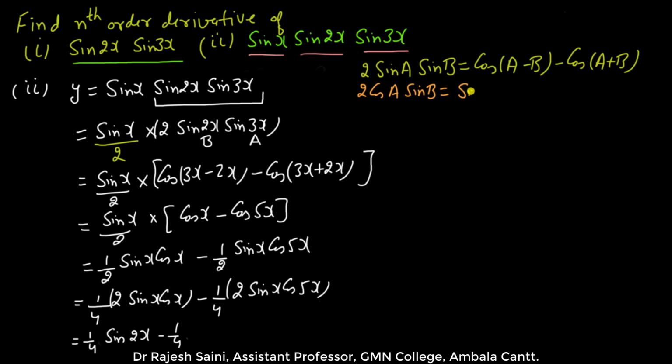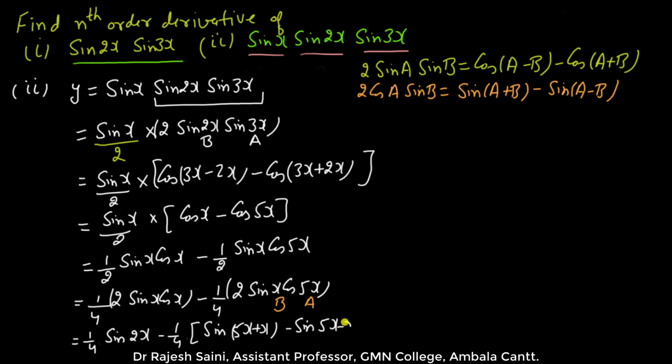This is sine A plus B minus sine A minus B. So you will use it over here, this is assumed as A, this is assumed as B. So it will be sine 5x plus x minus sine 5x minus x.